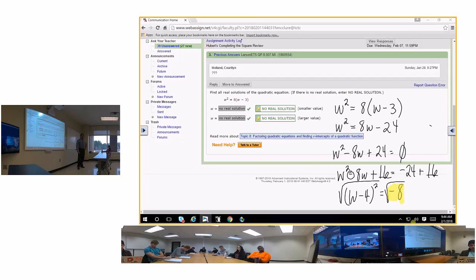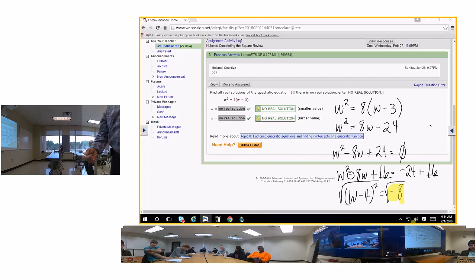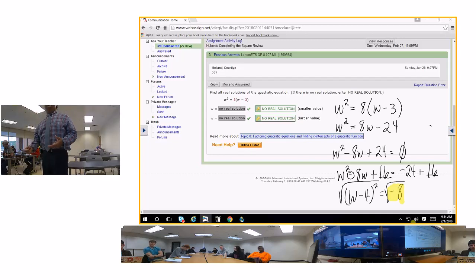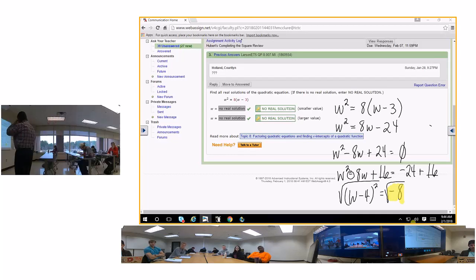x-intercepts. I want you to highlight what's under the radical. Now, what's under the radical is called the what? Starts with R, radicand. But when it's in a quadratic setting with completing the square and you're talking about x-intercepts, it's called the discriminant. The discriminant tells you one of 3 things.